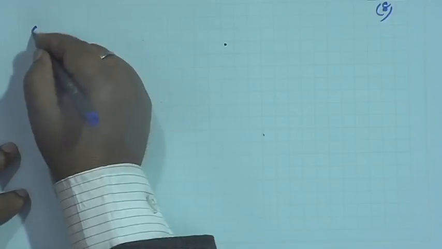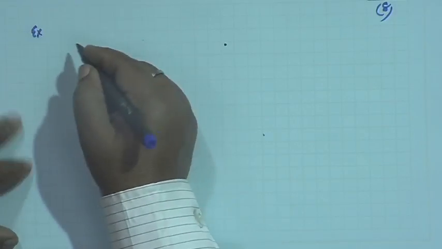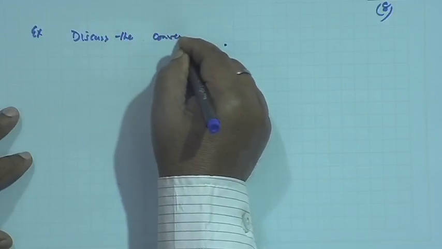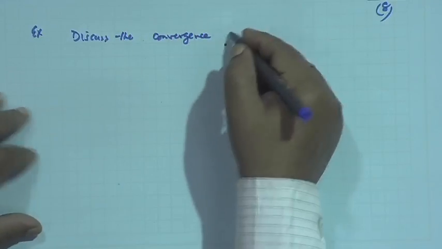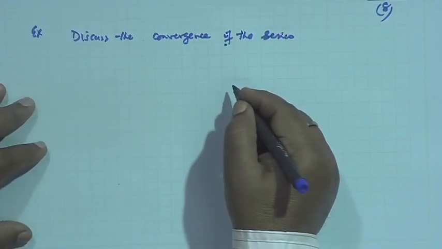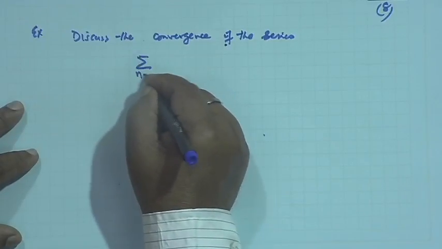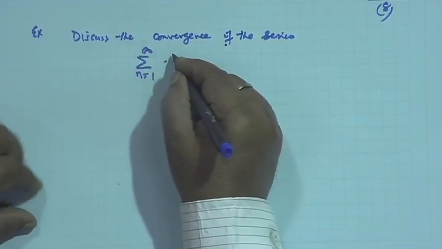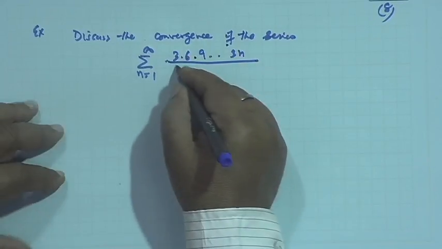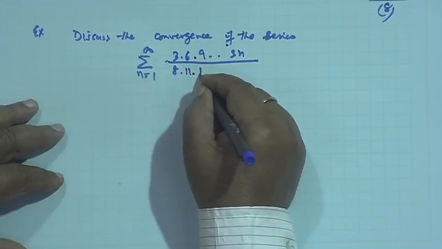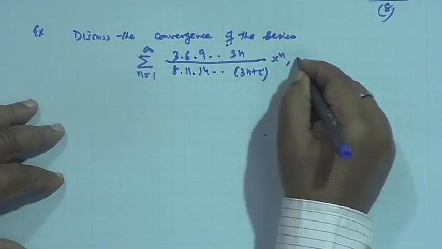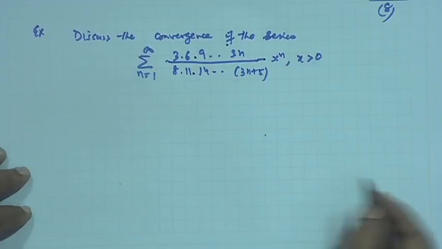Discuss the convergence of the series sigma n is 1 to infinity, (3, 6, 9, ..., 3n) divided by (8, 11, 14, ..., 3n plus 5), times x to the power n, x is positive, for various values of x.